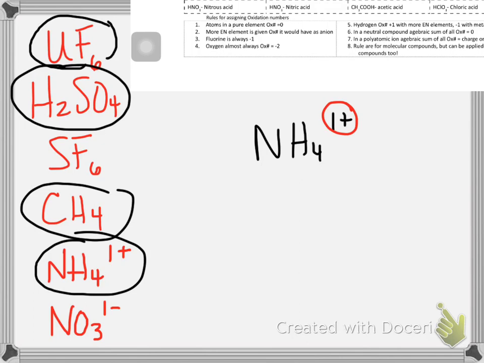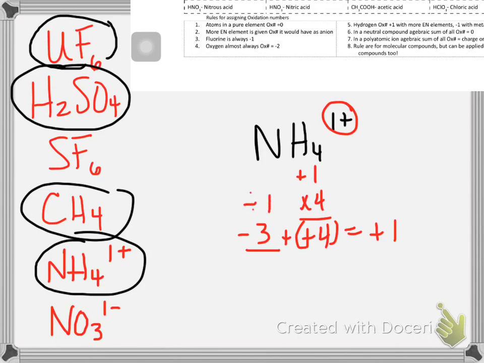So do we have anything in this polyatomic ion that has a rule associated with it? Yep. Hydrogen has a +1 when it's not bound to a metal. Times 4, we get a total oxidation state of +4. We know that this has to equal +1. So something plus +4 equals +1. That would be -3.